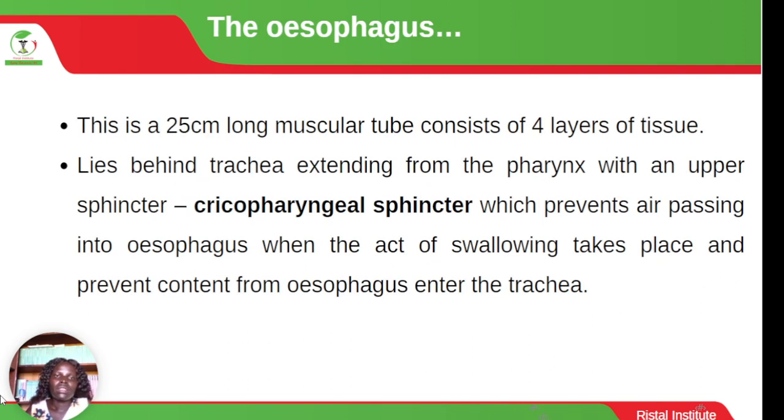The esophagus, a 25 centimeter long muscular tube, consists of 4 layers of tissue and lies behind the trachea, extending from the pharynx with an upper sphincter, known as the cricopharyngeal sphincter, which prevents air passing into the esophagus when the act of swallowing takes place and prevents content from the esophagus entering the trachea.